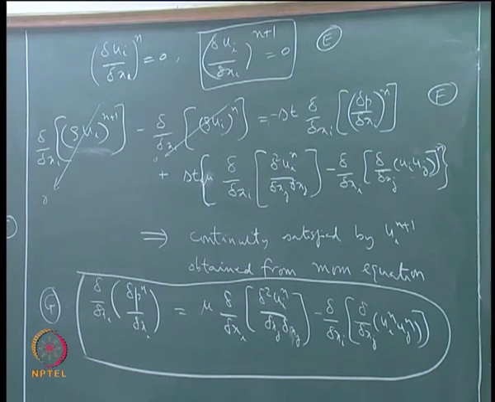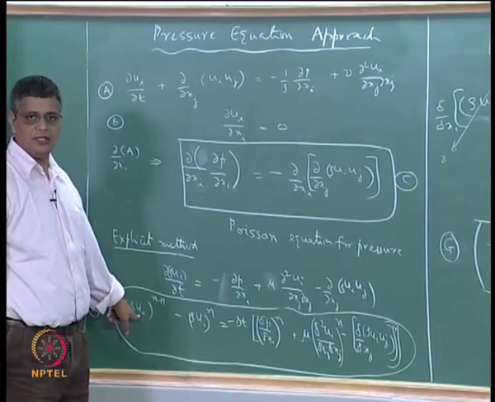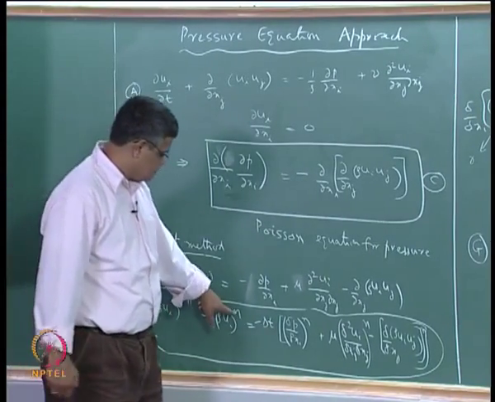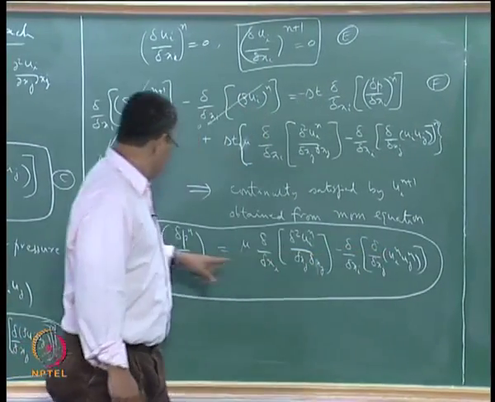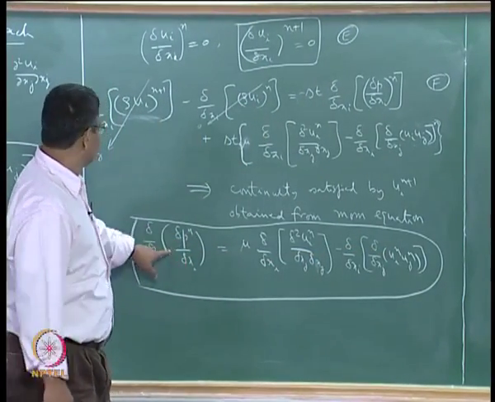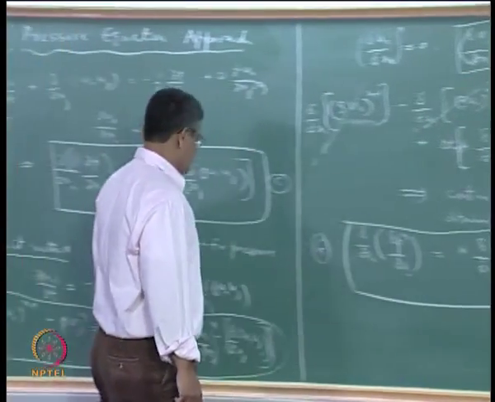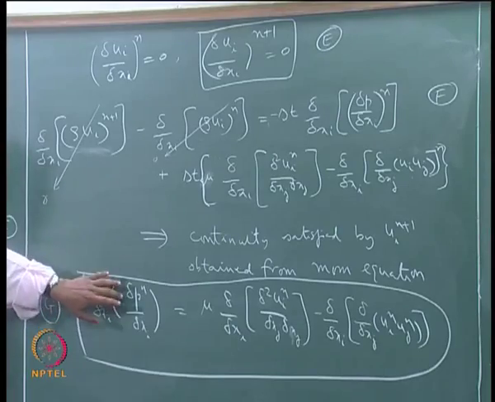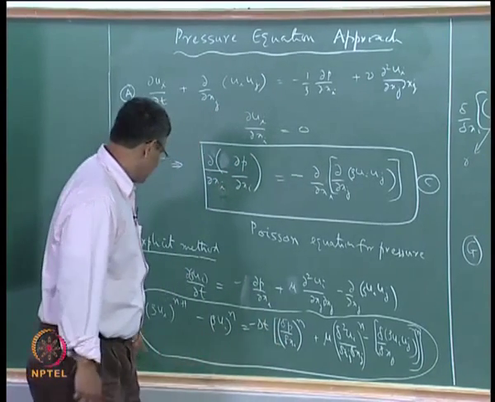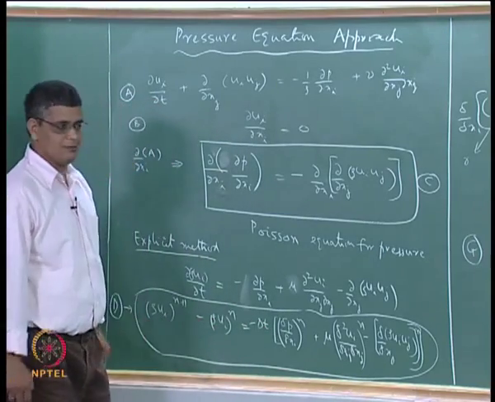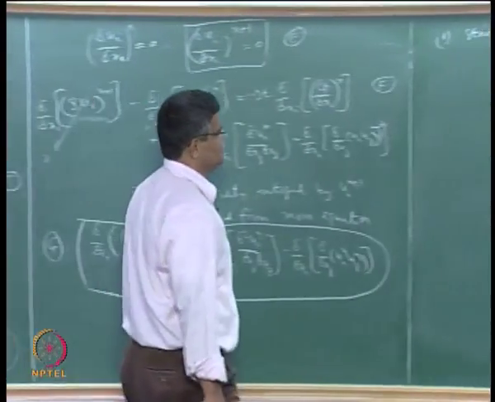Okay, so we are making use of the pressure gradient obtained from equation G to substitute in this in order to get a velocity field ui n+1 from known velocities. So from known velocities at nth time step, we evaluate the pressure at nth time step such that it satisfies the continuity equation, and then using the pressure evaluated from this Poisson equation, we evaluate the pressure gradient here, and then we substitute in this and calculate ui n+1. So that is the method that we can use for this.